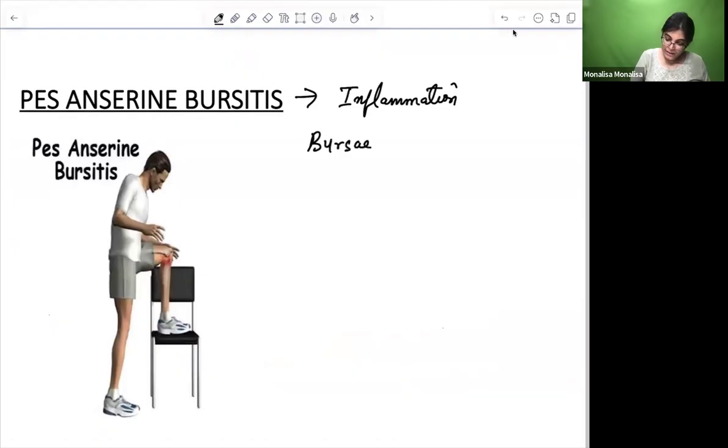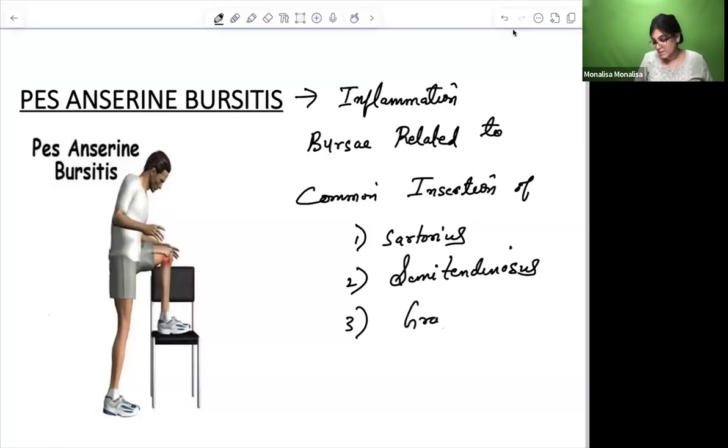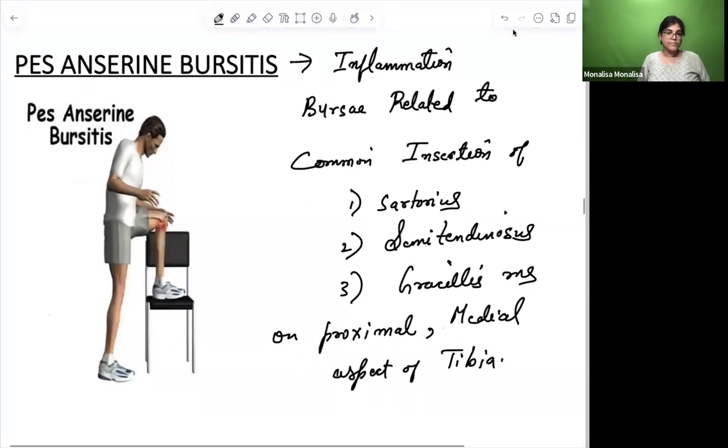Okay. Now, pes anserine bursitis: inflammation of the bursa related to the common insertion of sartorius, semitendinosus and gracilis muscle on the proximal medial aspect of tibia.